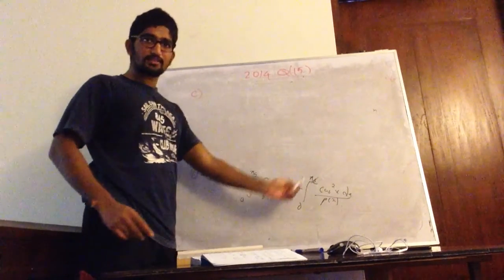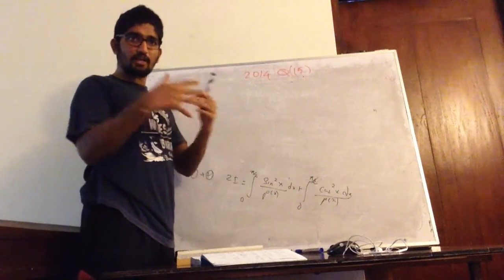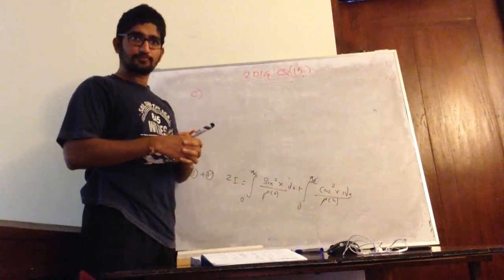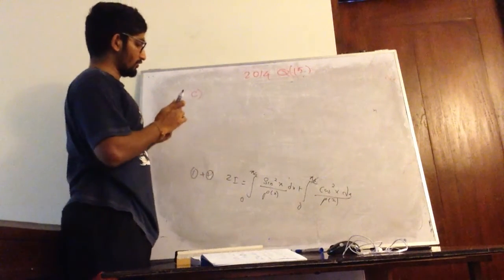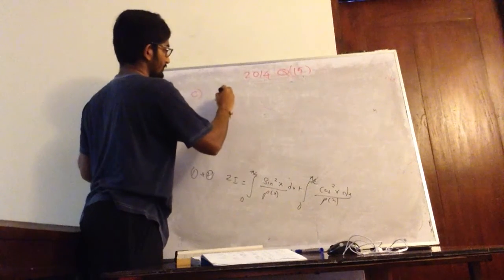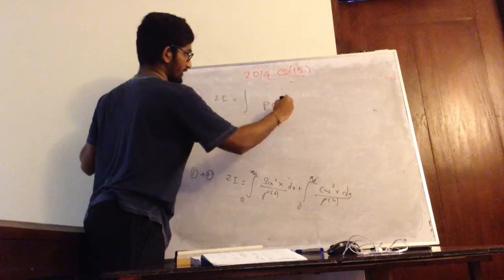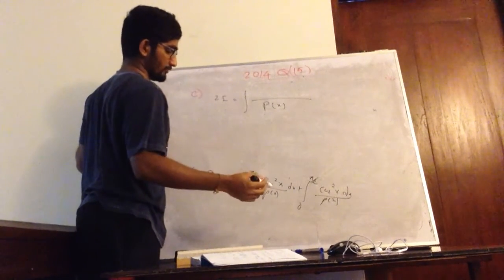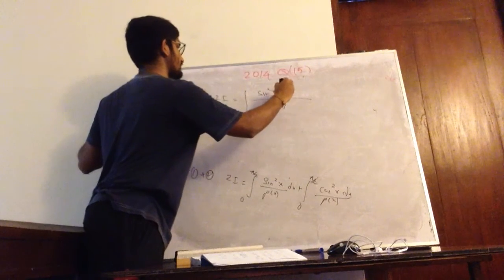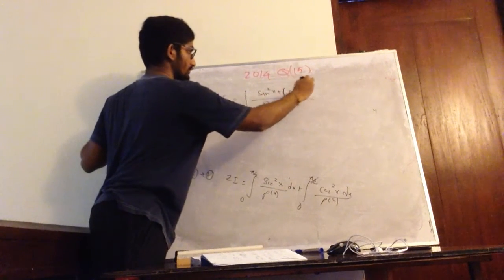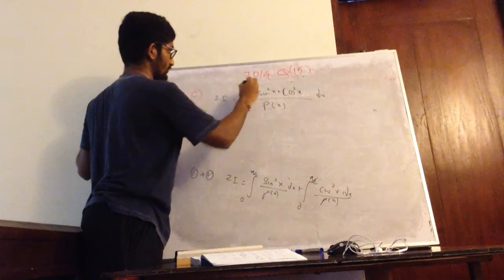Since the limits are the same, we can combine this up. P(x) is common, so we can combine this as sin square x plus cos square x, from 0 to 5 over 2.